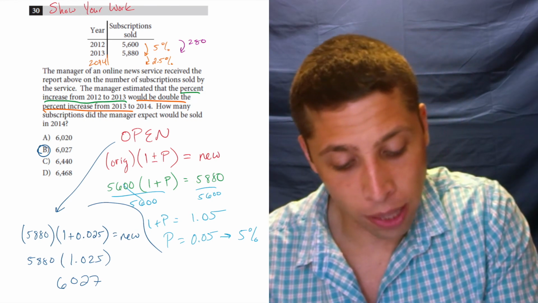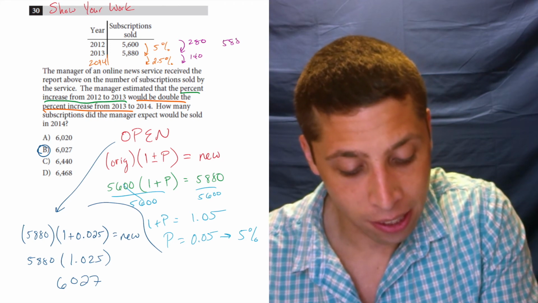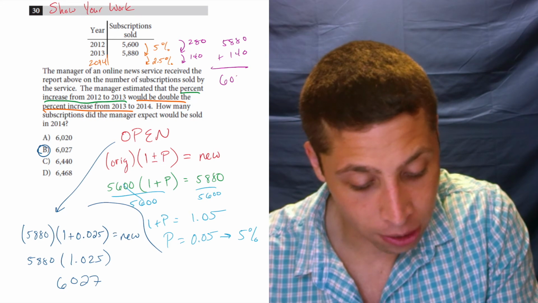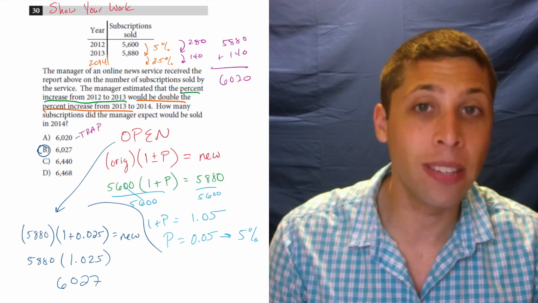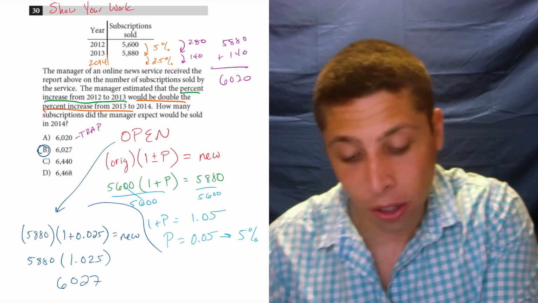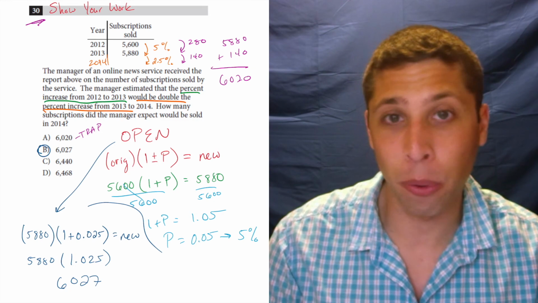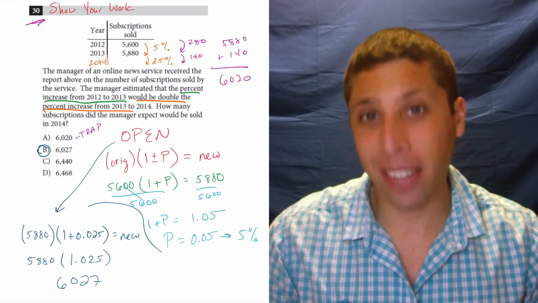And so if you said, oh, well, half of that would be 140, and then 5,880 plus 140, that's what, 6,020, which is an answer. That's too easy. There's no way that the hardest question on the section is going to be that simple where you just add two numbers together, right? So that's the kind of thing that you want to avoid.